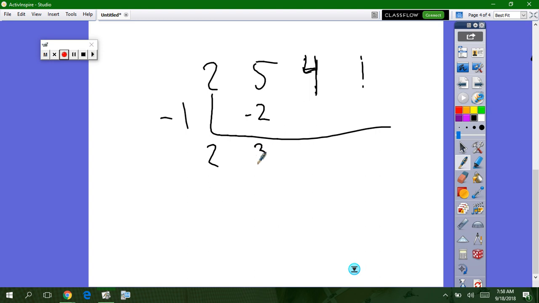We get a 3. -3. 1. -1. What do we know then? He is a factor, isn't he? So one of our factors already right here is x plus 1. Does everybody understand that? Because -1 was a 0, he is a factor of that polynomial.